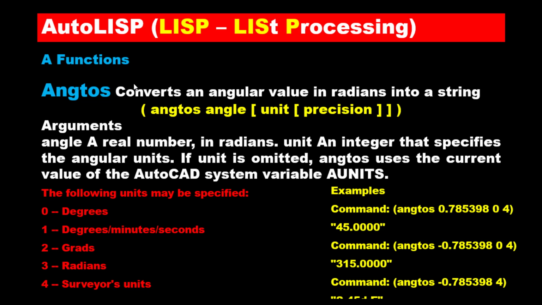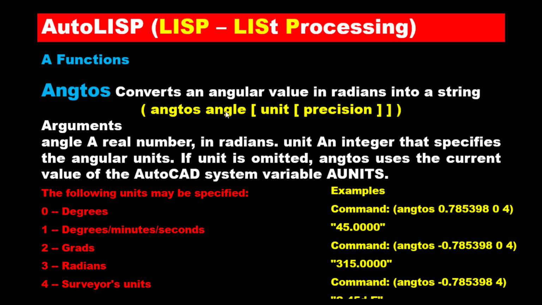Now I am going to discuss angtos. Angtos converts an angular value in radians into a string. This command is represented by open bracket, angtos, then angle.